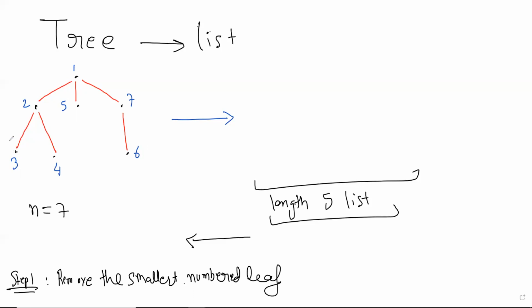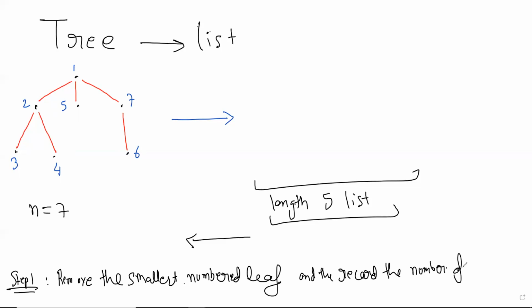We want to say smallest so that the uniqueness is there, so that we can recover things back. That's why we're putting in smallest. Remove the smallest numbered leaf and record the number, or the label, of its parent.